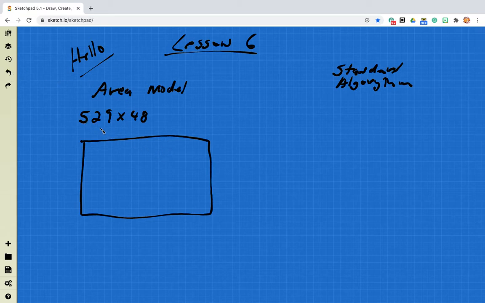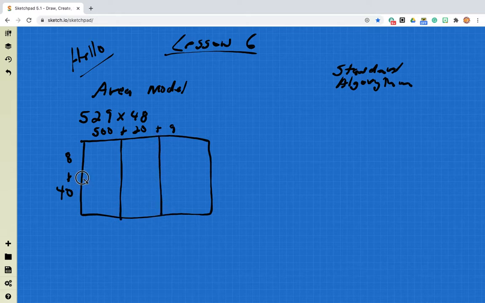I have to actually break those down. So I'm going to break this down into 500 plus 20 plus 9. That's my 529. Over here I'm going to go 40 plus 8. Remember, the lines go where the pluses are. So I'm going to have a line right across there too.